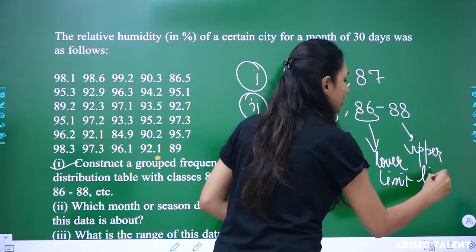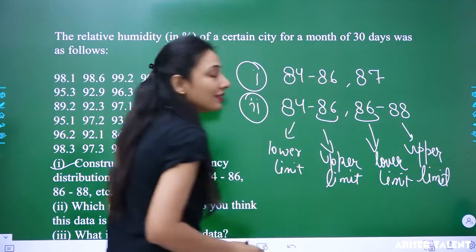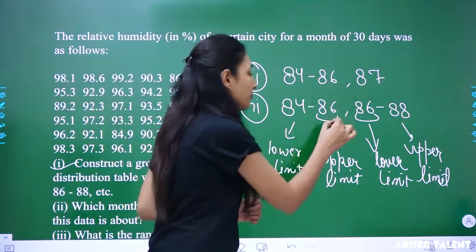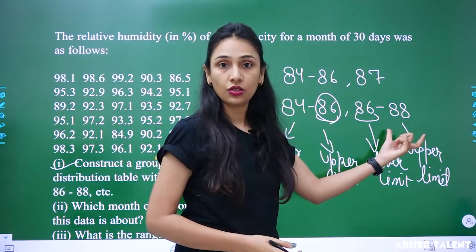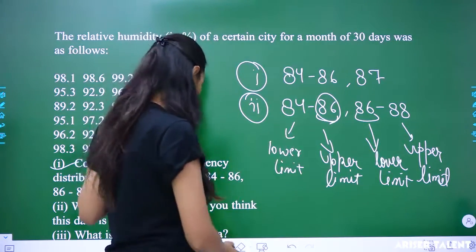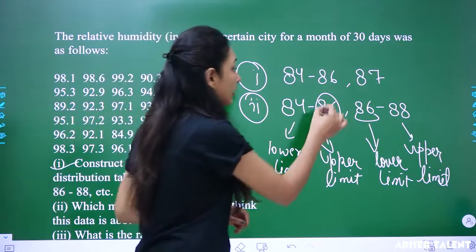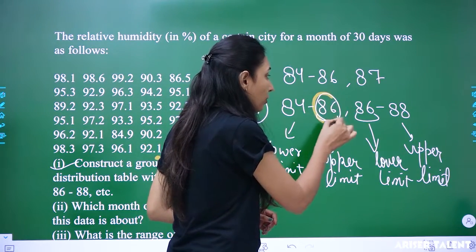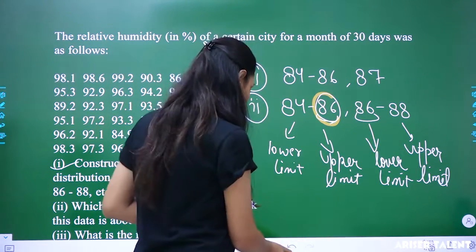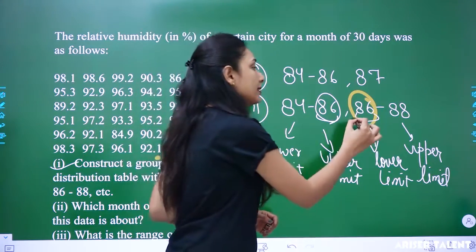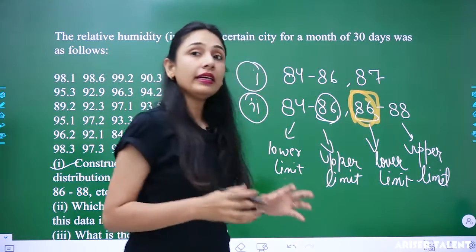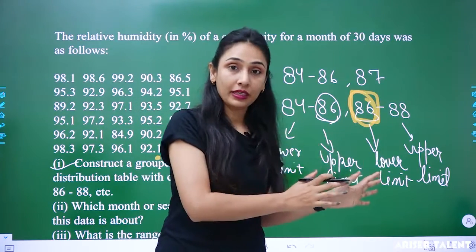Now one question arises: will this value 86 be counted in that one or this one? To be very clear, this 86 will be counted here only, where it is included in the lower limit.